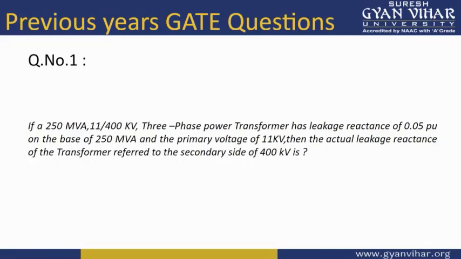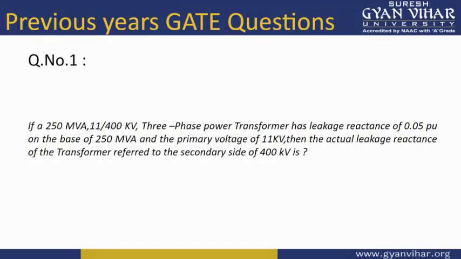That means we have a three-phase transformer with a leakage reactance of 0.02 per unit at a base value of 250 MVA and primary voltage of 11 kV. Then we have to find the actual leakage reactance when it is referred to the secondary side of 400 kV. So how to do this?